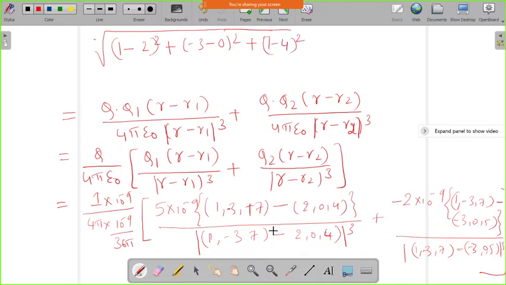So this is the first distance vector, the distance between the first charge and the 1 nanocoulomb charge. The configuration you can also write: maybe q1, the 5 nanocoulomb, is located here, and the 2 nanocoulomb, q2, is located here. Now the force exerted on 1 nanocoulomb you have to find out.